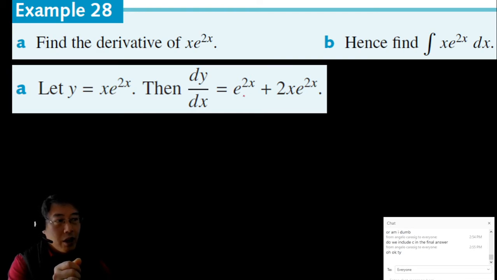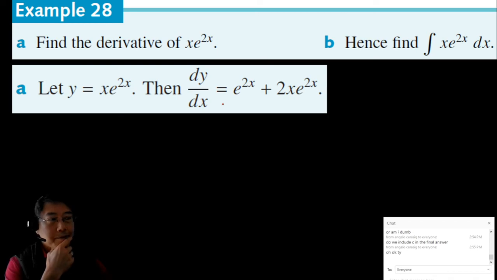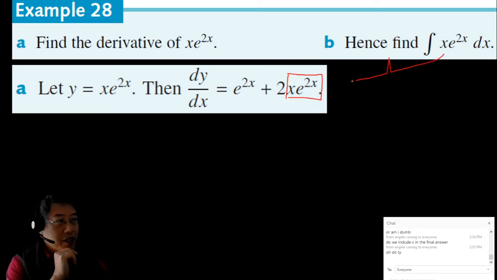So now we end up with exponential of 2x. Okay? And that second factor is what we're going to use, what we're looking for in part B. That's coming from here. Okay? So when we do all that, if I apply the integral, so I have that integral, that's what I want to figure out.